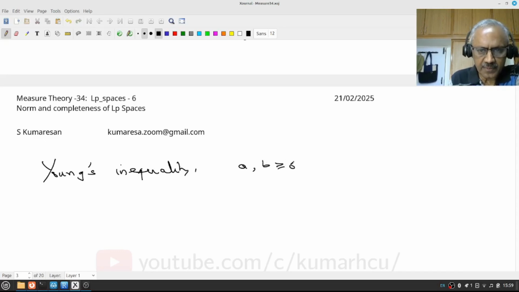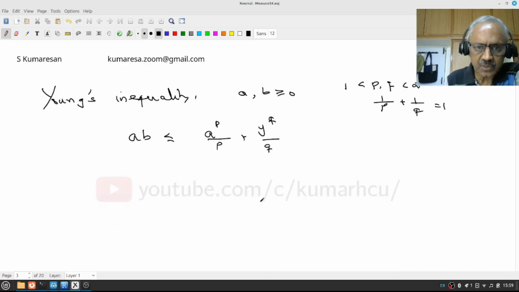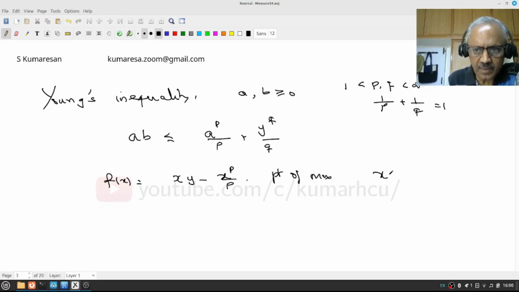If A, B are non-negative and 1 less than P, Q less than infinity, so that 1 by P plus 1 by Q equals 1, conjugate indices, then we proved that AB is less than or equal to A to the power P by P plus B to the power Q by Q. We proved this by considering the function f of x equal to xy minus x to the power P by P. Then we proved that the point of maximum was at x naught, where x naught to the power P minus 1 is y.